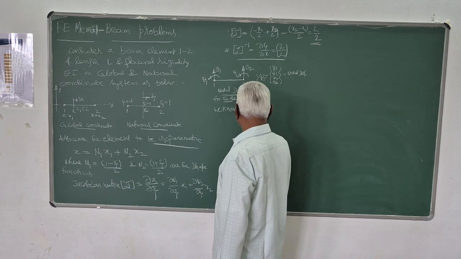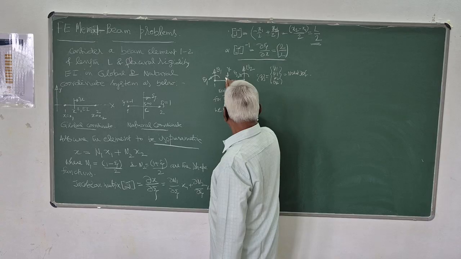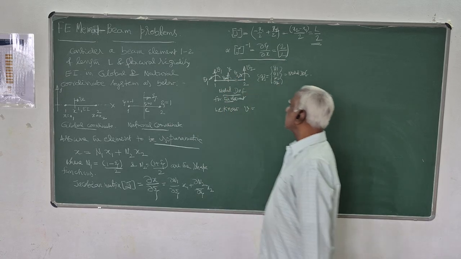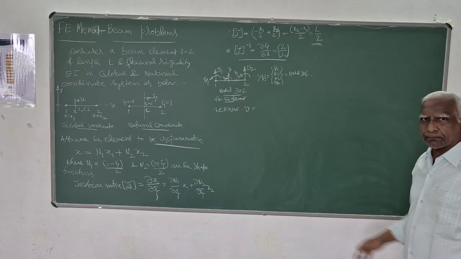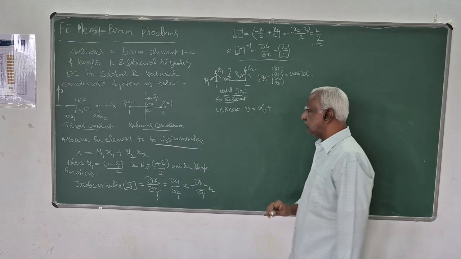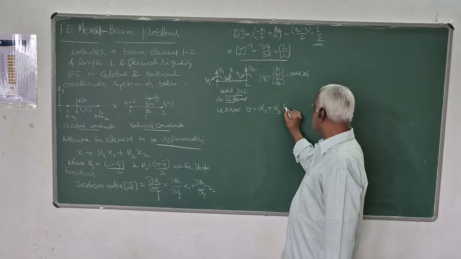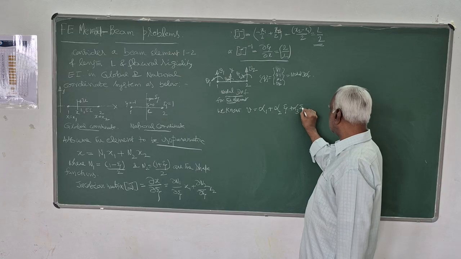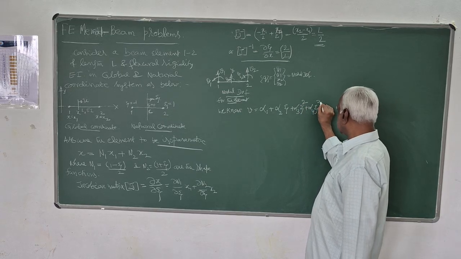Now, the displacement at any point, v and theta, in the beam element can be represented like this. v you can represent in polynomial form: v is equal to alpha 1 plus alpha 2 psi plus alpha 3 psi square plus alpha 4 psi cube.